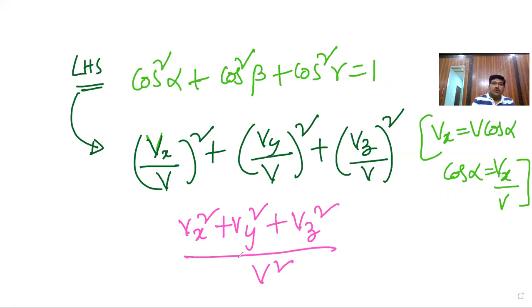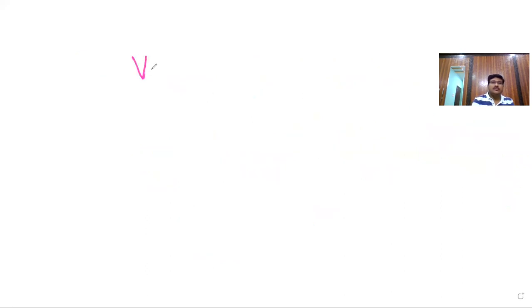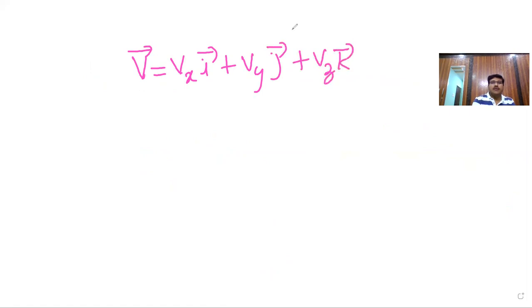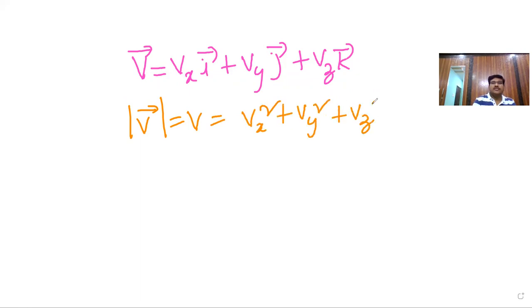Clear? Now, what is the magnitude of the velocity vector? The V vector is Vx i bar plus Vy j bar plus Vz k bar. The magnitude of this vector, V, is the square root of Vx square plus Vy square plus Vz square.